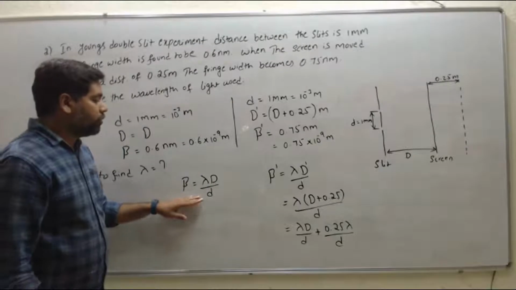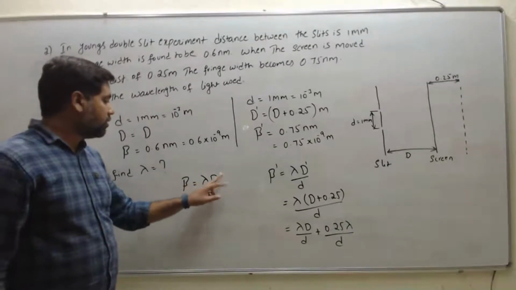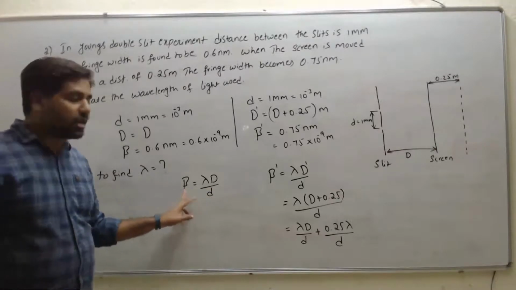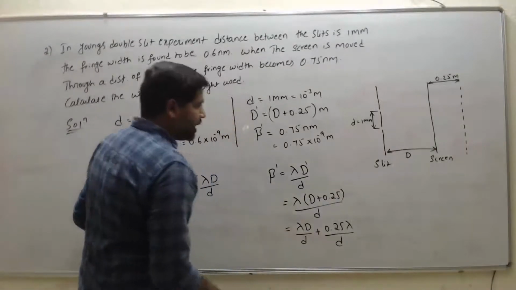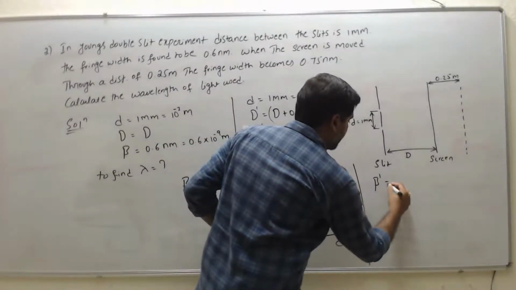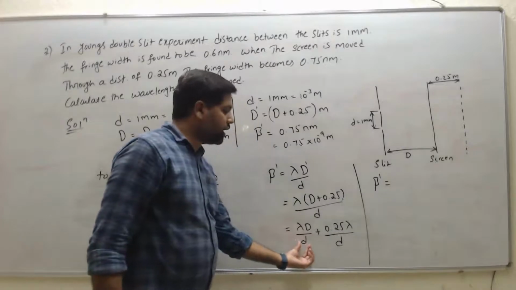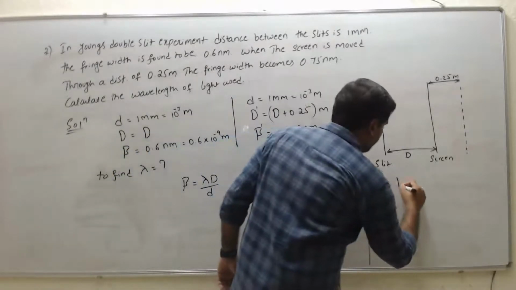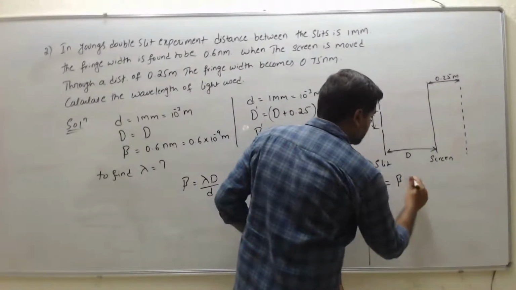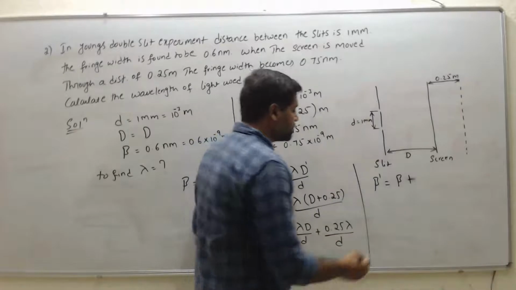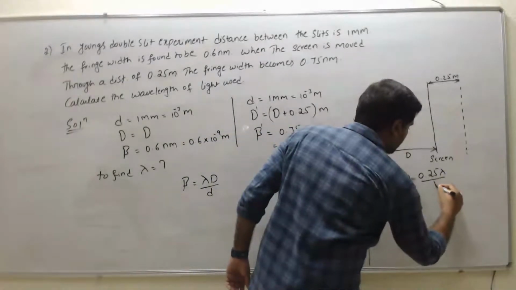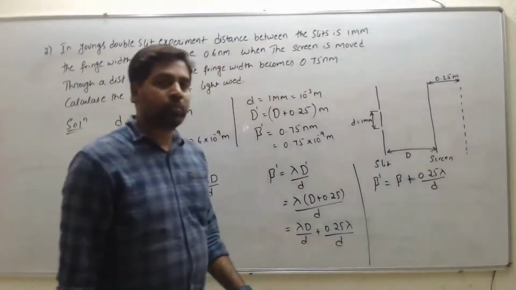Substituting the value of lambda D divided by d as beta, it becomes beta dash equals beta plus 0.25 lambda divided by small d, right?